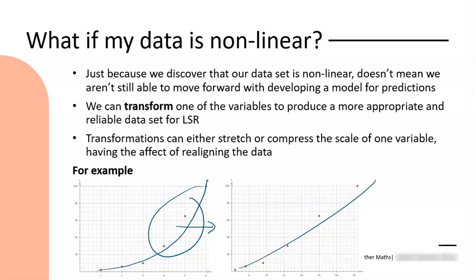I would say this still has a slight curve to it, but it's far less pronounced than before. So by linearizing our data, making it more linear by stretching out our x-axis variable, we've got data that is now of a more linear form. Therefore, it's appropriate to go ahead and apply a least squares regression model to that set of data.